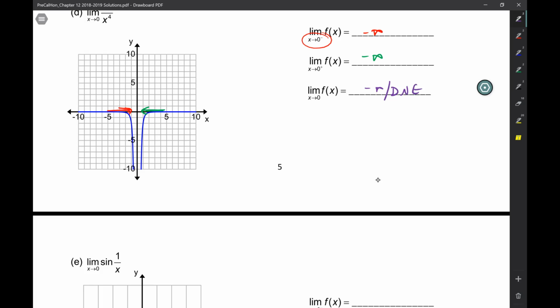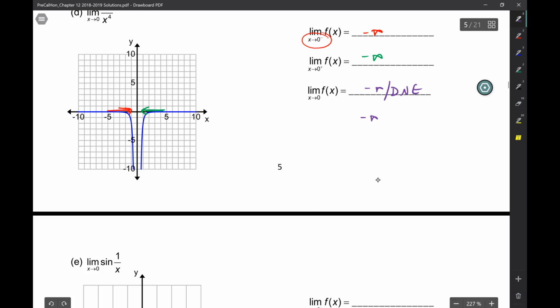I'm going to pause here for a minute and talk about this. This is sort of an off-the-record, unwritten understanding. You can say negative infinity. That's okay.